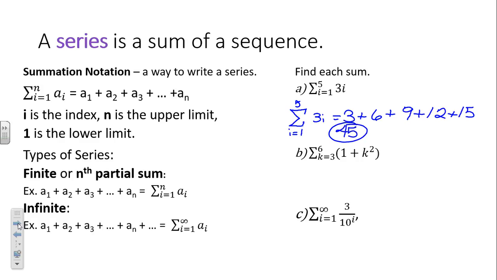So a series is nothing more than a sum of a sequence. Question? Great question. When we wanted our first term, we're plugging in 1 for i, so we're taking 3 times 1 and getting 3. Then when we let i be 2, we're taking 3 times 2 and getting 6.